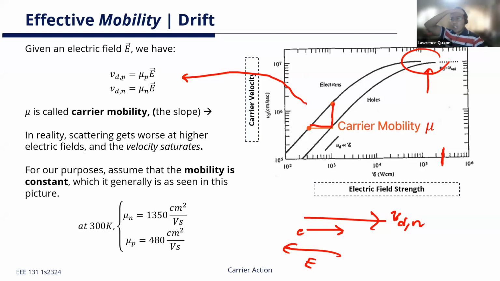Okay, so a task for you guys is imagine kung ano yung graph ni mobility versus the electric field. Does anyone have any idea how we're going to make a graph of the mobility? Slope siya, di ba?